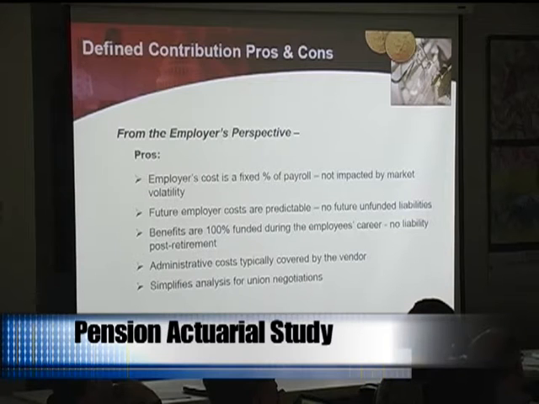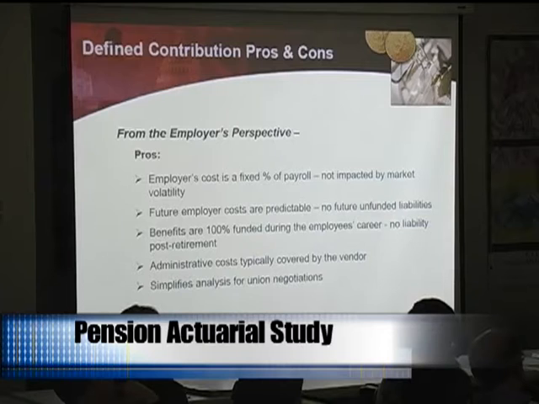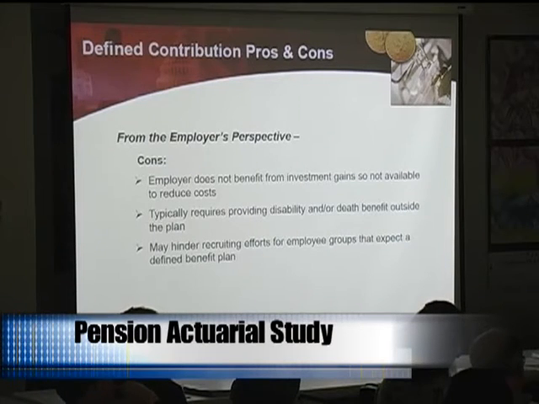You know it's 4% of payroll, 5% of payroll, 6% of payroll. So the costs are predictable, and there are no unfunded liabilities resulting from this type of plan. Benefits are funded throughout the employee's career. Administration costs are typically paid for by the vendor, i.e. the mutual funds and investment managers who manage the funds, and it's basically a very simple, easy-to-understand plan with respect to union negotiations.